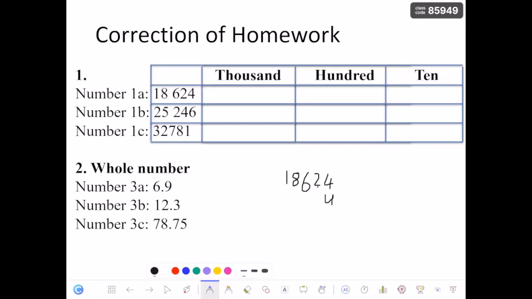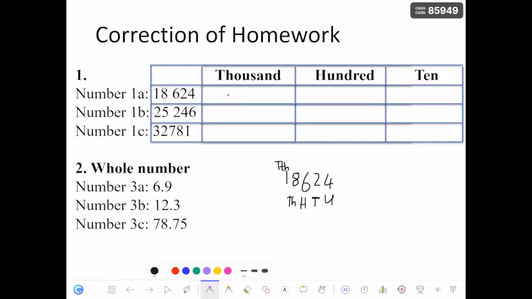The next digit, which is 2, the place value is 10. The next digit, which is 6, the place value is 100. The next digit, which is 8, the place value is 1000. Finally, the last digit, which is 1, the place value is tens of thousand. So by the time you identify your place value, you can approximate to whatever nearest digit you are asked to do.